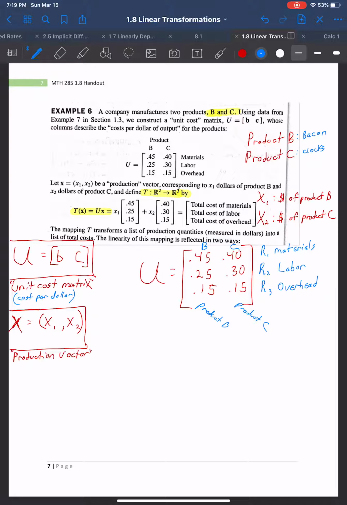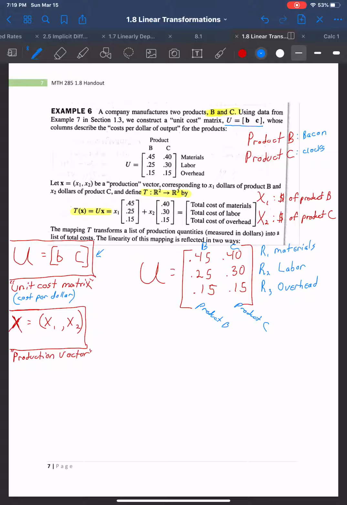Using data from example 7 in section 1.7, we construct a unit cost matrix. In other words, this was all done for you. It's not required that you construct that unit cost matrix. So U is equal to the following. I've defined it down here too.